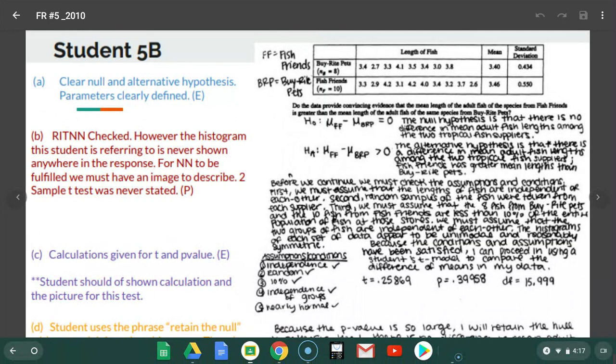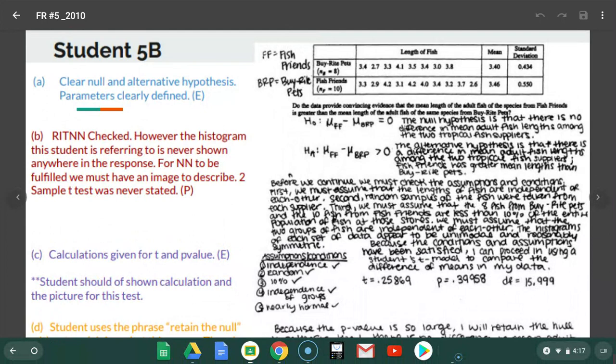In this next one, we have a pretty clear null and alternative again, right? We have the null and alternative shown. We have the parameters stated right next to it. That's good. For part B, though, when we're looking for this second step, they're attempting to check our R, I, T, and N, but when we check the assumptions, we first assume that the lengths are independent of each other, so that's great.